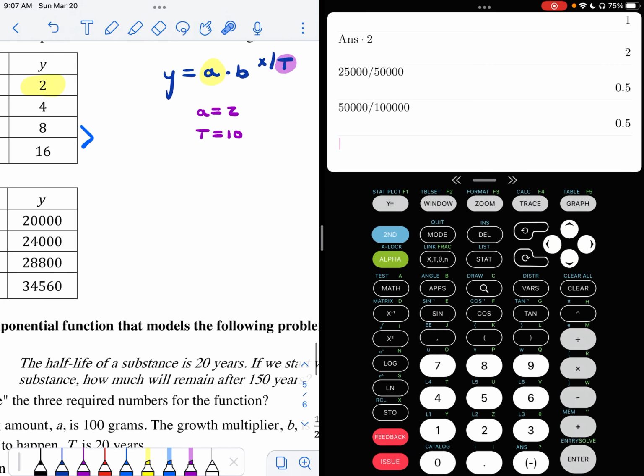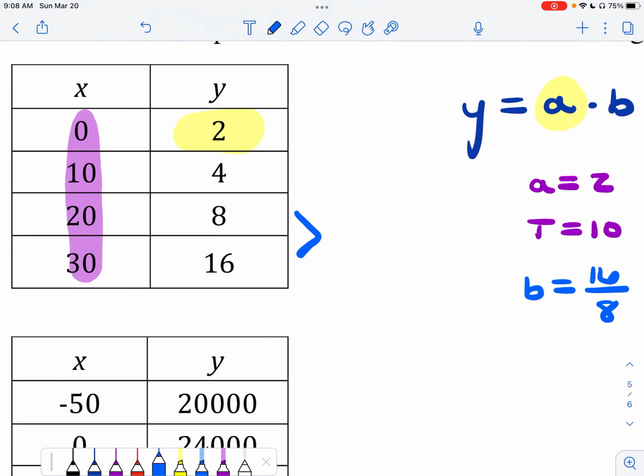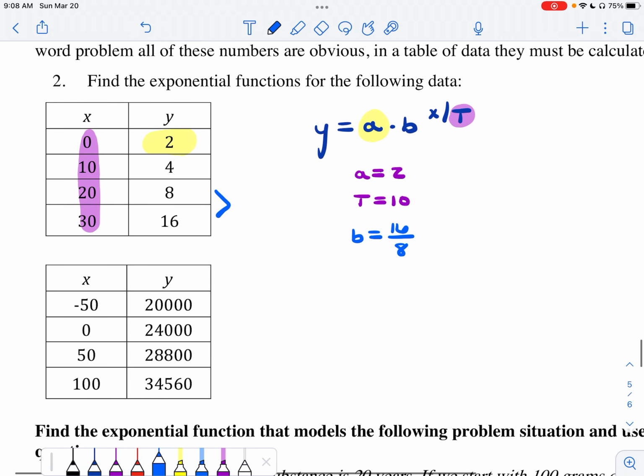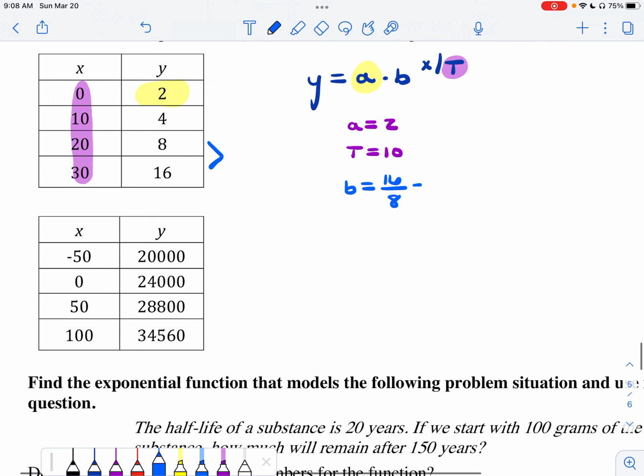I really didn't need to pull out my calculator for this, but if we're looking for our b, we would take any output value, so I'll pick the last one, 16, and divide it by the output value before it. And we just get 2. You could have done that in your head, but I pulled out my calculator by habit because we were doing the others. So our b value in this case is 2.